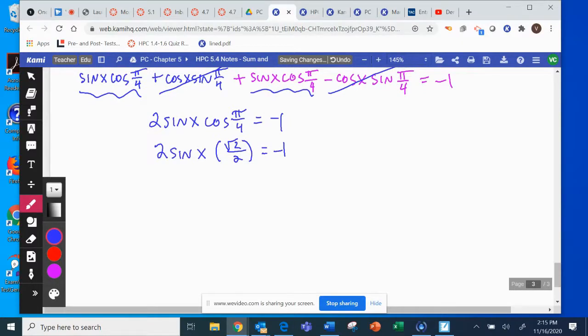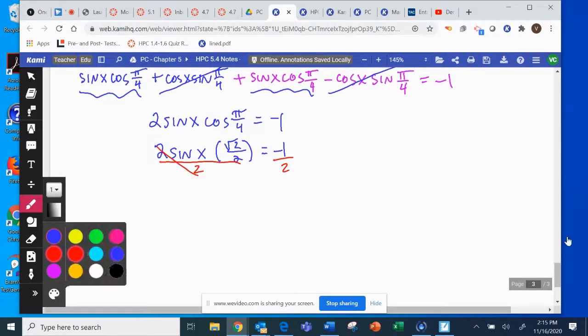I got to isolate x. Divide what? Sure. Divide each side by 2. That's going to cancel that too.